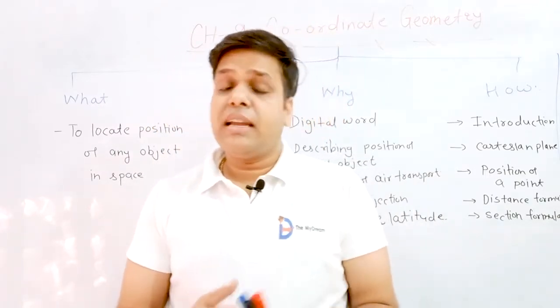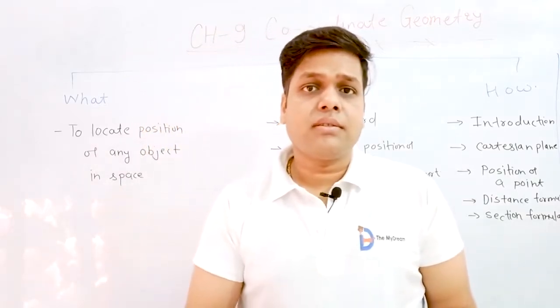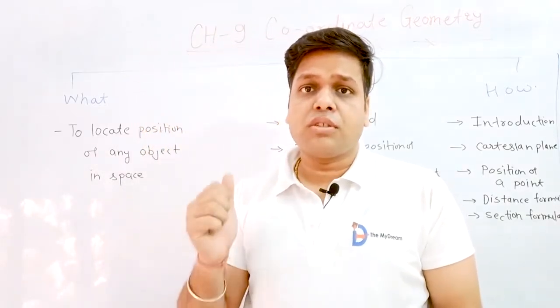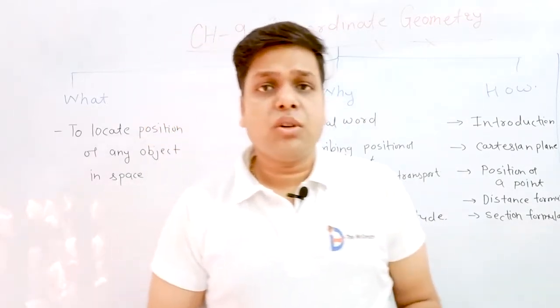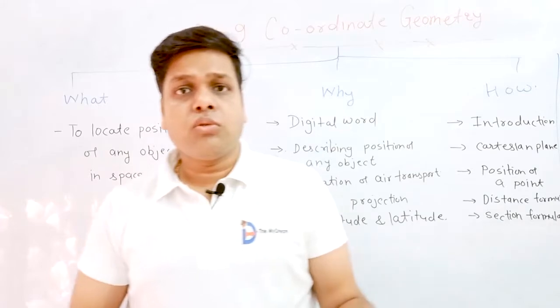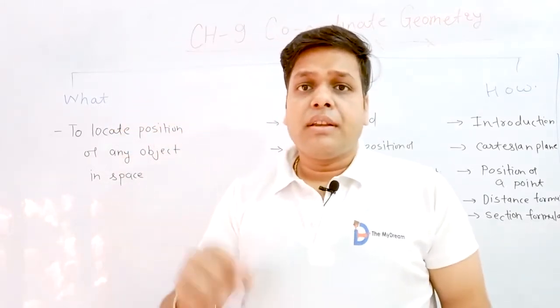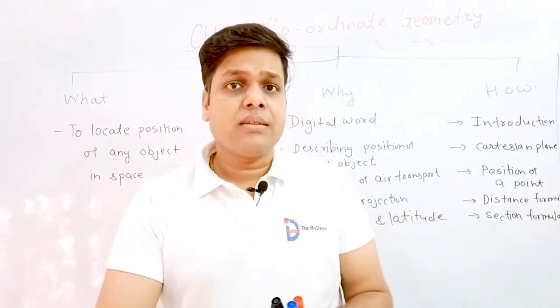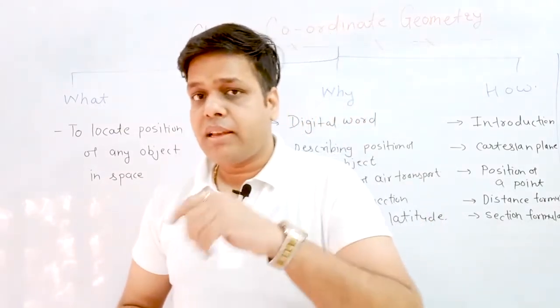So guys, in daily life, many things are based on the concept of coordinate geometry. If you are using Ola cabs or Zomato, the delivery boy's path is shown in your mobile.